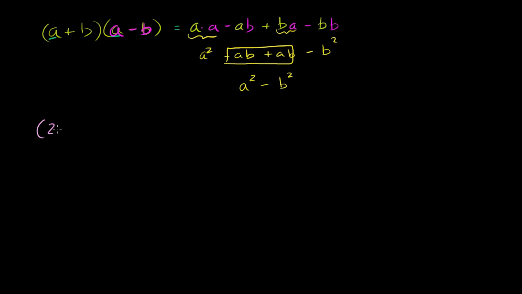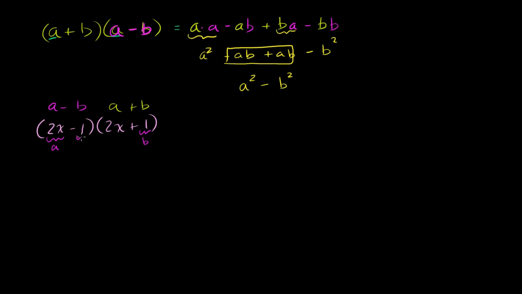So if we say 2x minus 1 times 2x plus 1. Well, these are the same things. The 2x plus 1, you could view this as, if you like, a plus b, and the 2x minus 1, you could view it as a minus b, where this is a and that is b, which is 1.